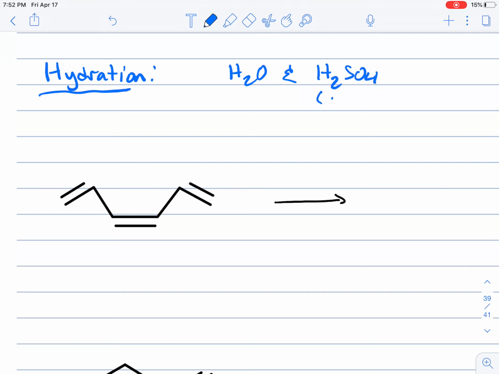And sulfuric acid will be our catalyst. Okay, so if we have excess water, and this reaction was done in a very acidic solution, so H2SO4 is a strong acid, so the pH of the solution is very acidic.